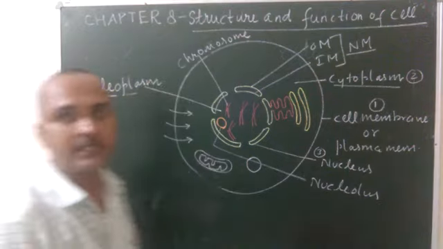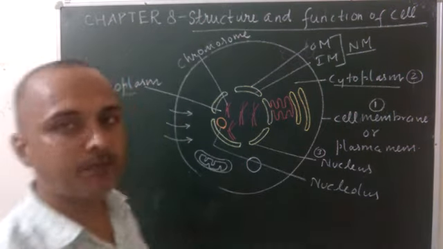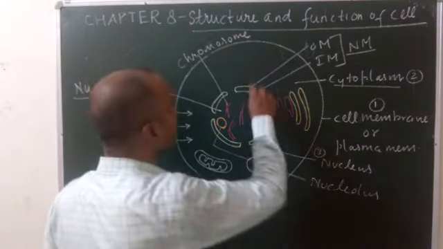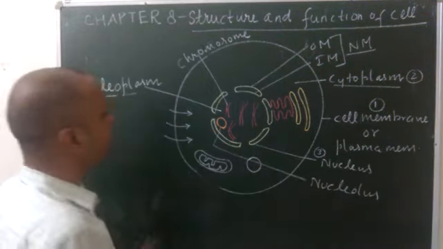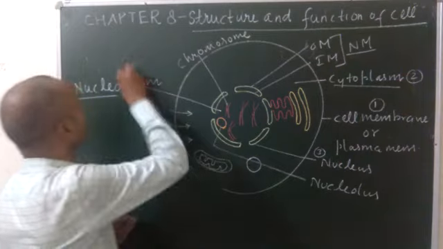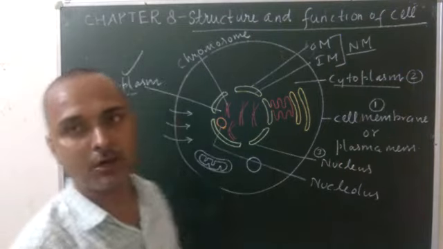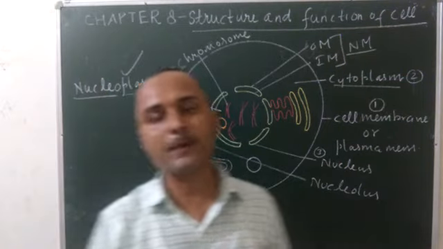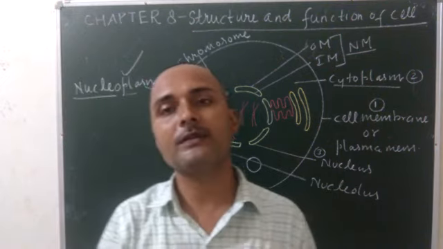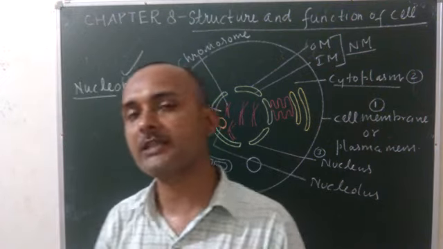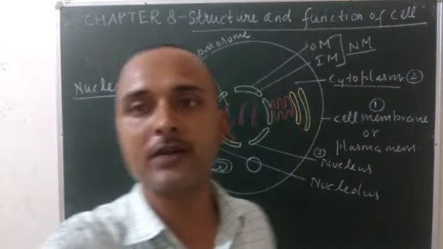Once again, the fluid present between the nucleus and cell membrane is cytoplasm, and the fluid present only inside the nucleus is nucleoplasm. So this is all about the various parts of the cell. In the next video, I will start with the structure of the various cell organelles and their functions. Thank you.